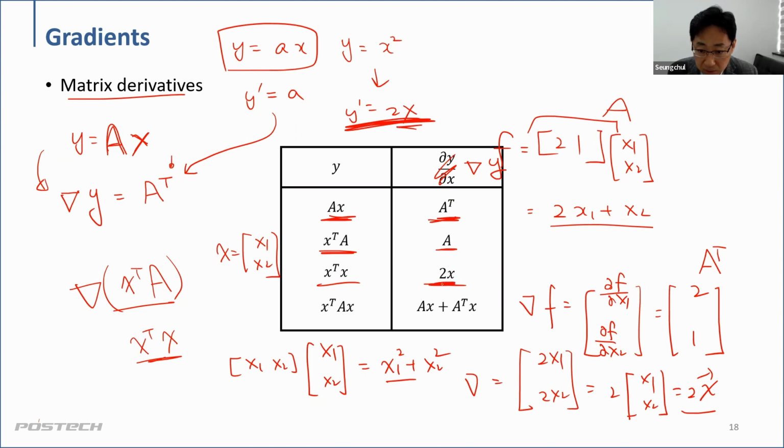This is a scalar, this is a vector, and in the vector space this acts like x squared but is x transpose x. I hope you see the relations and similar patterns between the scalar and the vector space.